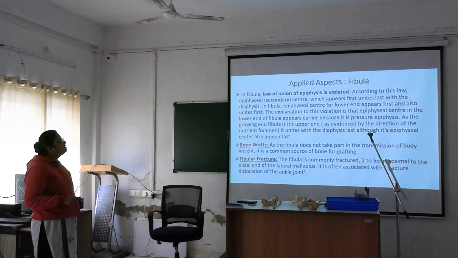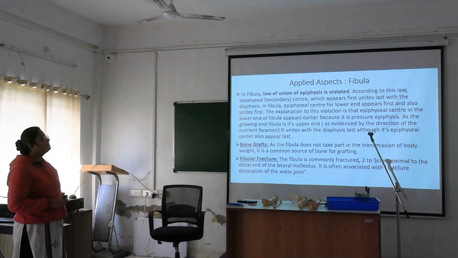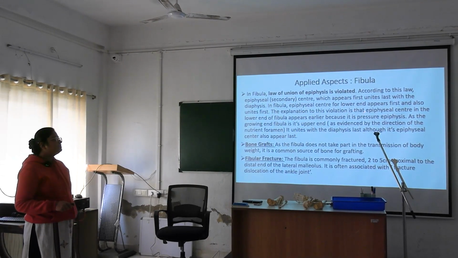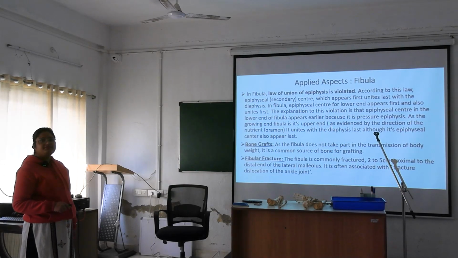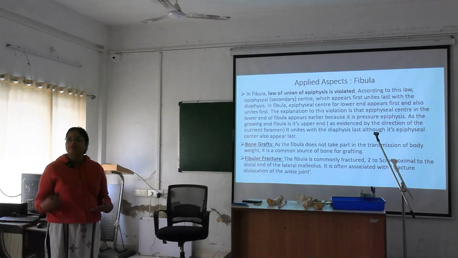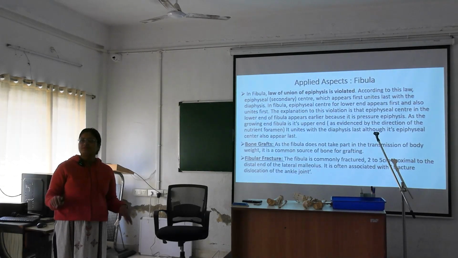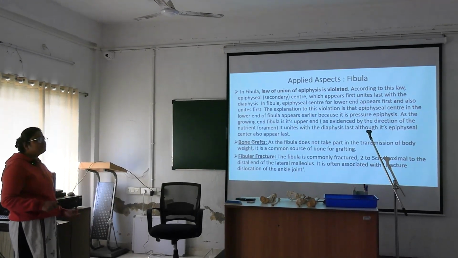But in fibula, the epiphyseal center for the lower end appears first and also unites first. The explanation for this violation is that the epiphyseal center in the lower end of fibula appears earlier. Why does it appear earlier? Because it is a pressure epiphysis. You have to carry the weight of the whole body via the tibiofibular mortise towards the foot. So it is a pressure epiphysis. That's why it appears earlier.